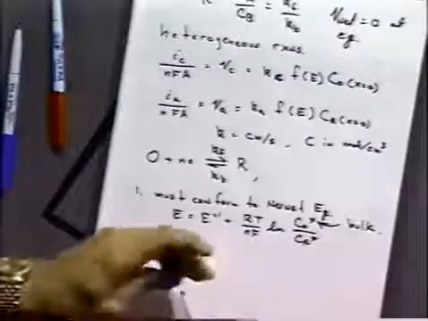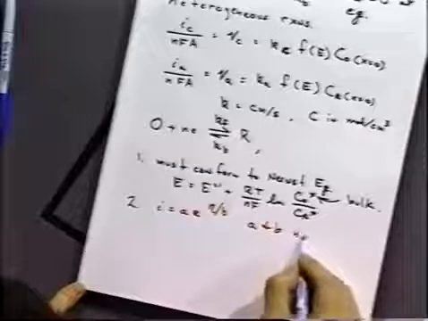Also, our semi-empirical theory must also include our experimental observation about the nature of the current as a function of potential. We noted that the current is parameterized in this function: A times an exponential function of the overpotential over B, where A and B are adjustable parameters.